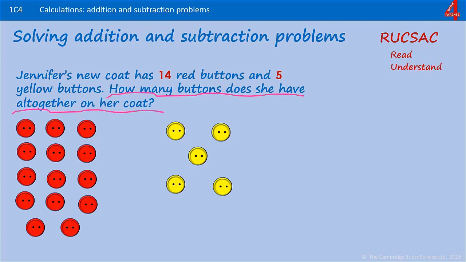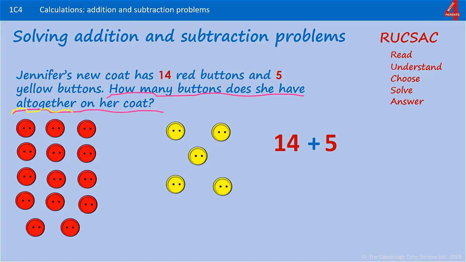Understand what the question's asking us to do. How many buttons does she have altogether on her coat? We're going to choose the calculation we need to do to solve this. The clue is altogether, and we're adding 14 red buttons and 5 yellow buttons.